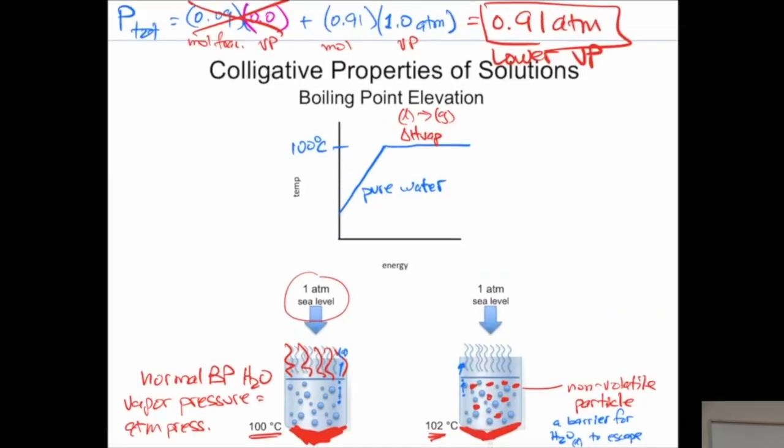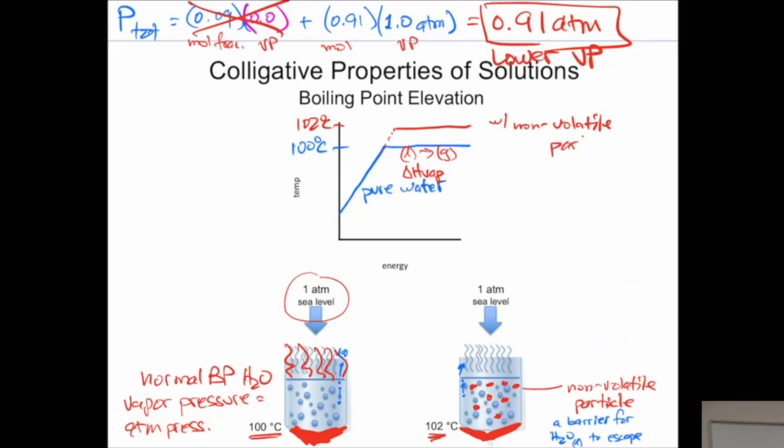So effectively what we're doing, here I should have put this down below. Because now what we can effectively do is increase the boiling point, here, let's say 102 degrees Celsius. This is with non-volatile particles. So you get more energy. Things will cook faster.